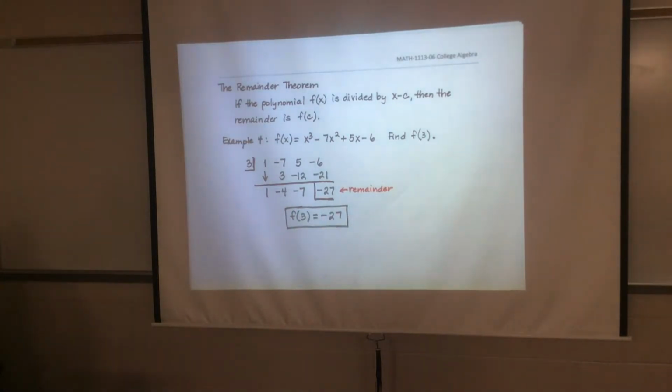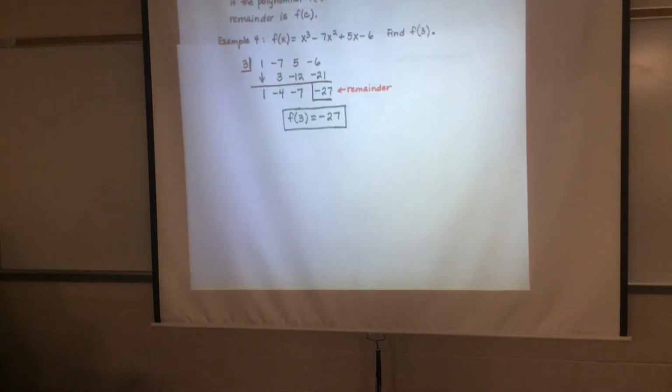Okay. So this is just another way of evaluating that particular function at some particular x value. It's probably easier to do it that way than substituting each x with 3 in that function. Okay, you can do that and you'll see that you will end up with -27 as the final answer. Okay, that's example 4.